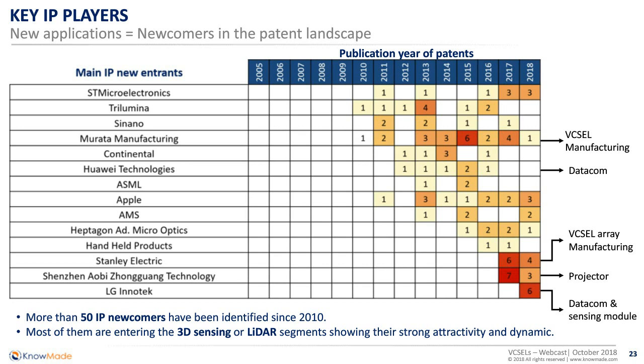For example, you have Murata Manufacturing that have filed a couple of very interesting patents related to VCSEL manufacturing. You have Stanley Electric that also holds several very interesting patents related to VCSEL array manufacturing. So there are a lot of new IP comers that are providing very interesting inventions and very interesting portfolios.